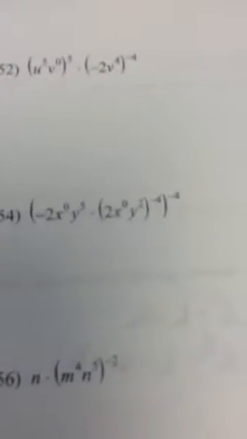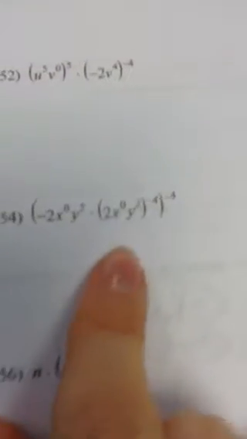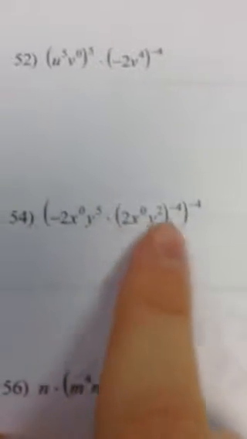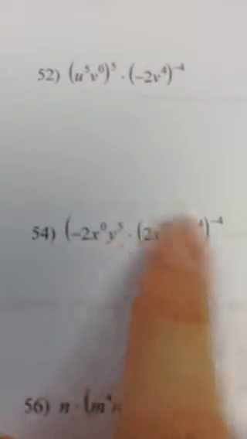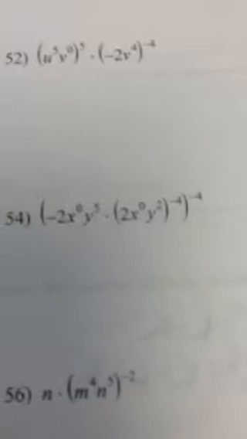Okay, let's go ahead and look at this one. So I have a lot of parentheses here. I'm going to get rid of these parentheses first. So what I'm going to do is I'm going to multiply this negative 4 times 0 and this negative 4 times 8.